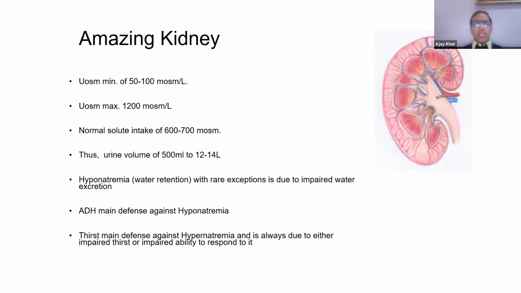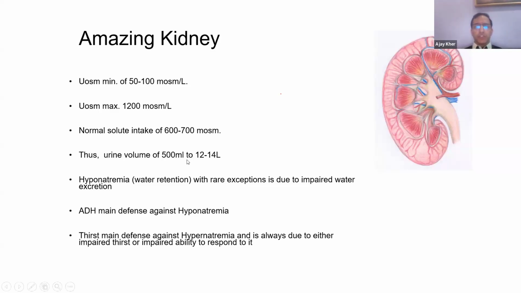The kidney has the amazing capacity of decreasing or increasing osmolarity based on our water intake. If our water intake is low, it will concentrate, and if it's high, it will dilute.